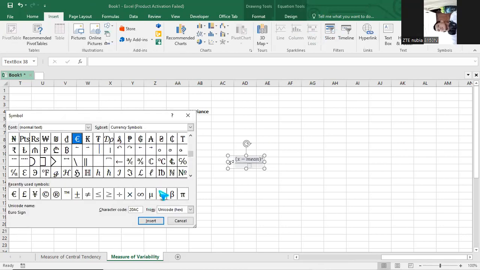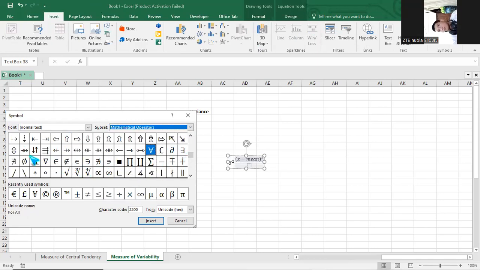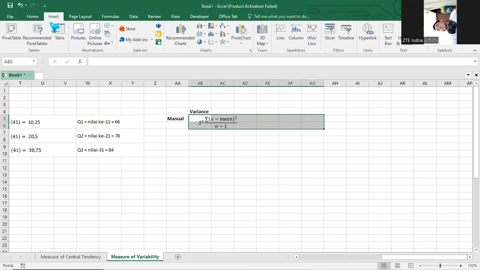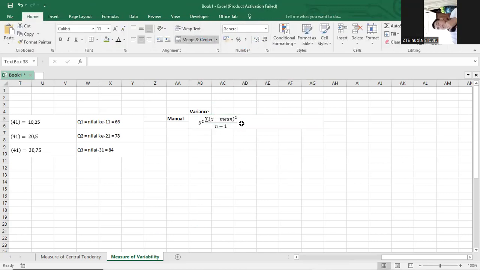Sigma means total. The symbol of sigma is like this, and we insert it. And divided by N minus 1. N is the number of data. We move it here to make it clearer.